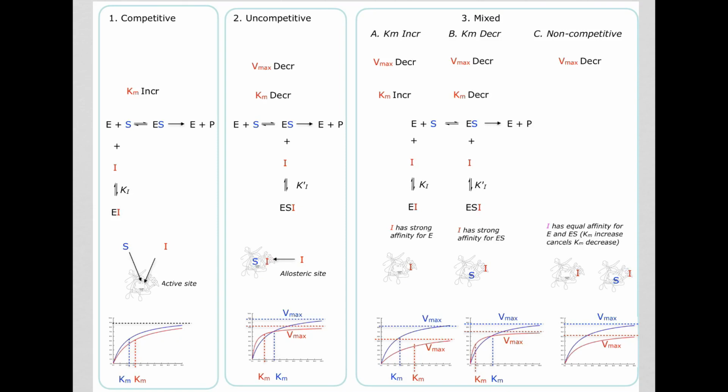So basically the inhibitor is pushing this E plus S reaction in the forward direction towards the ES, because the ES is being removed to ESI.